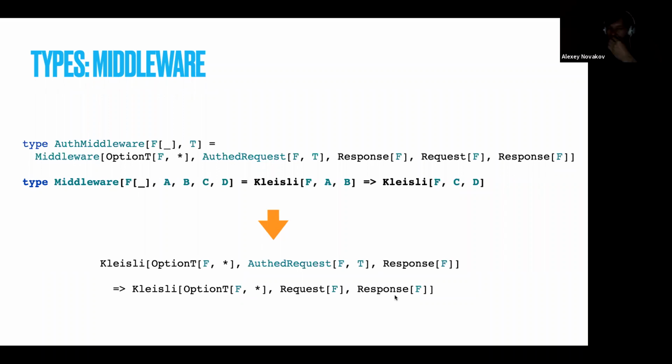That means that a user who creates their own middleware has to define routes with this AuthedRequest type, and it will have the additional context in the user's routes. But when we wrap our routes with the middleware, we get back the normal HTTP routes, which we can finally plug into the HTTP server, to that Blaze builder, or to the server before we started.